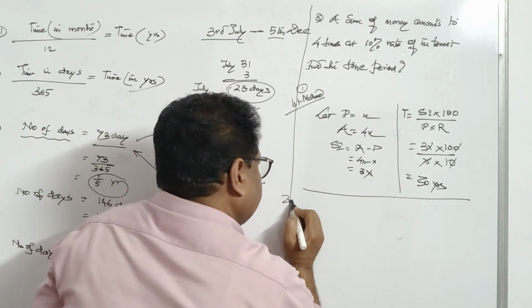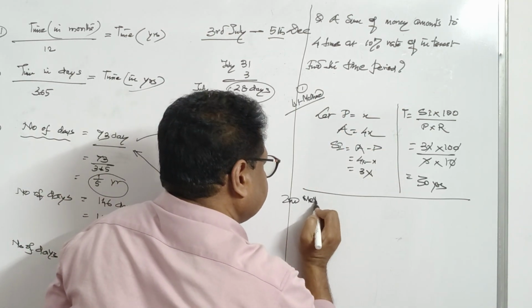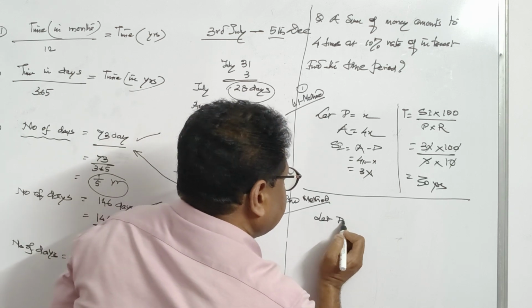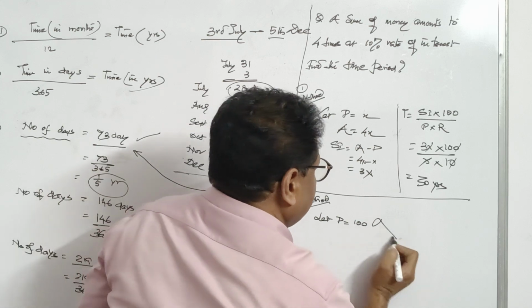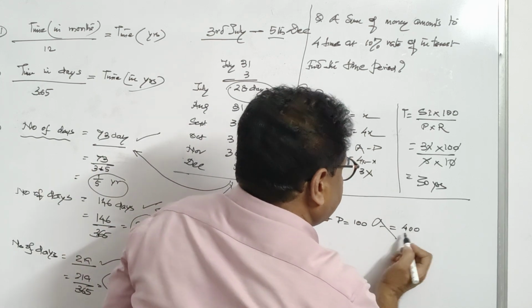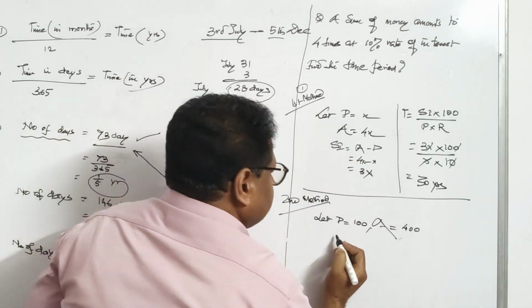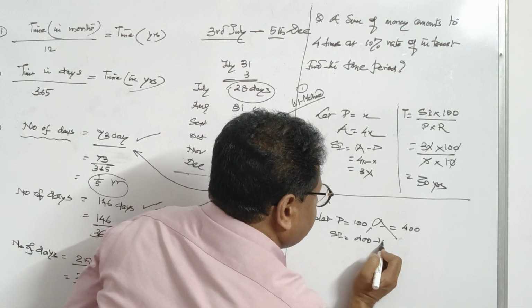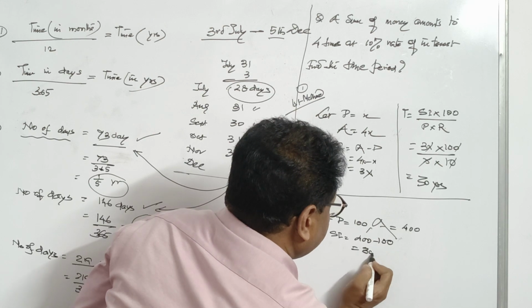Now second method, let principal be 100, amount is 400 because it becomes 4 times. So the interest will be 400 minus 100, that is 300.